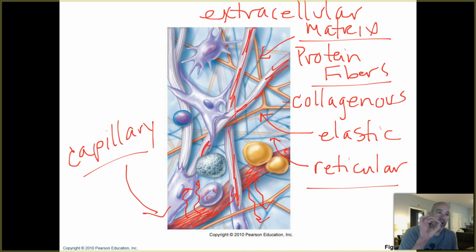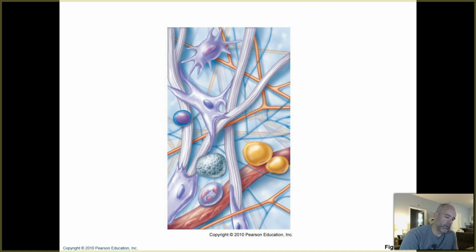Reticular fibers are kind of like thinner collagen fibers, and they're all networked together in a web-like fashion. Reticular means web. So you'll have different combinations of these various protein fibers that fill in these spaces in your connective tissues.